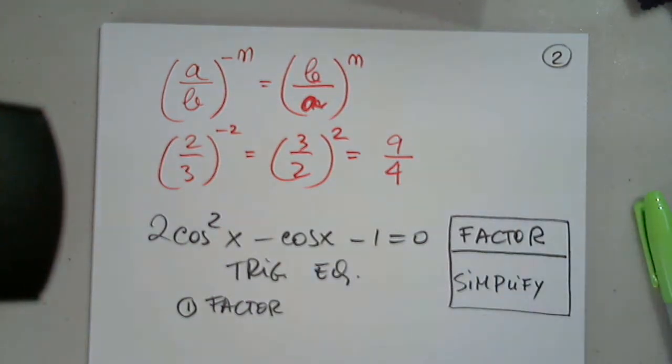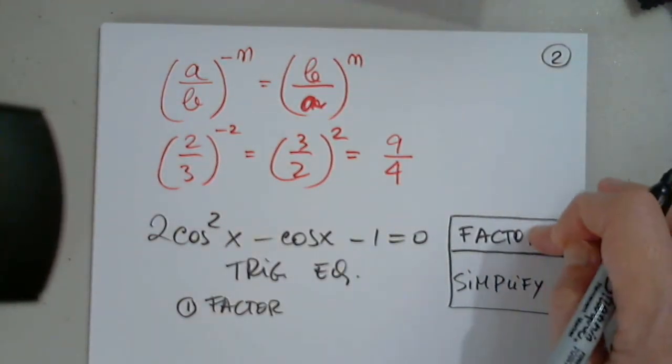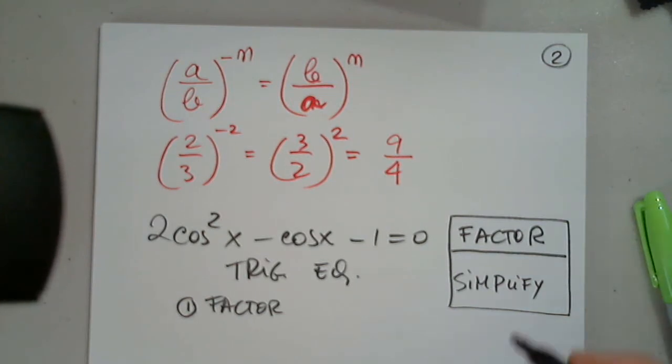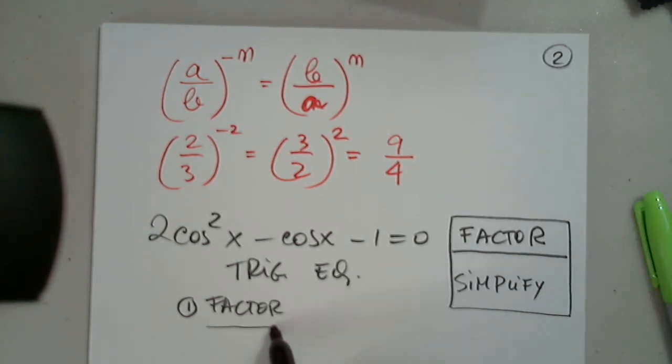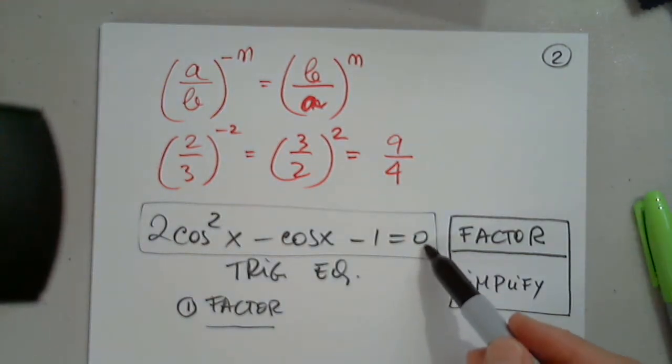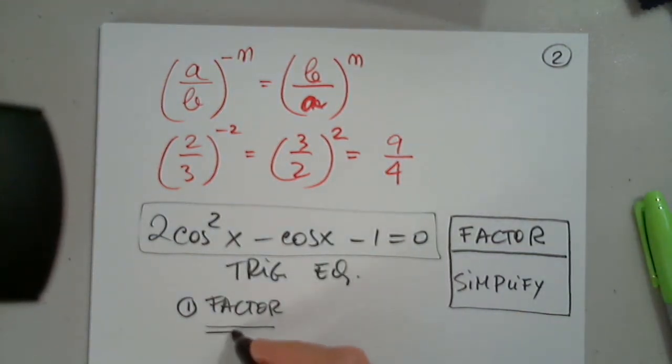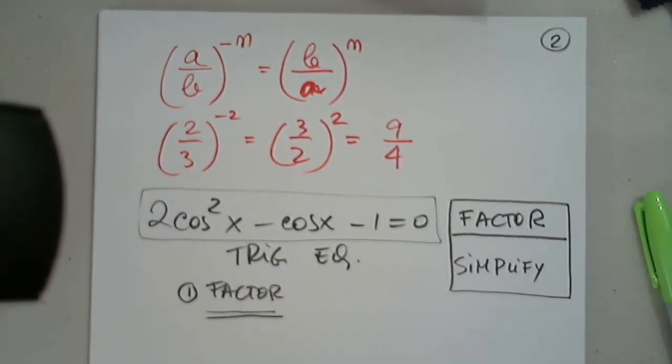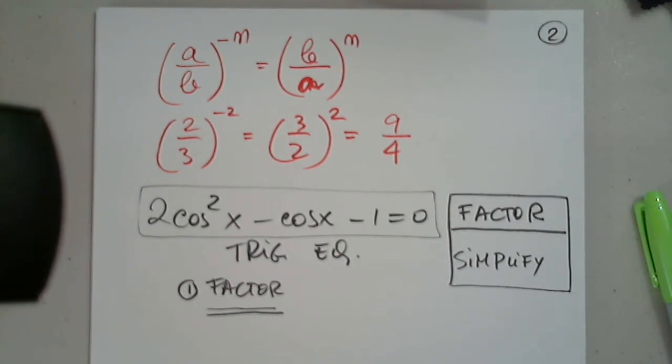Sometimes they go together, sometimes I can only simplify and I cannot factor, sometimes I can factor, and that will indirectly simplify the problem. But first, when I look at this equation, I see 0 on one side, I'm really hoping that I can factor it. Can I? Would anyone like to try?